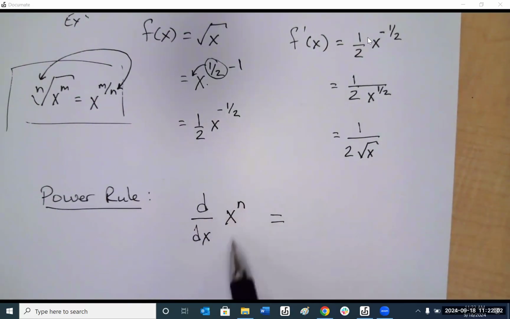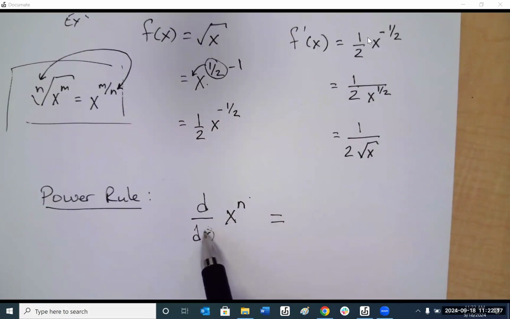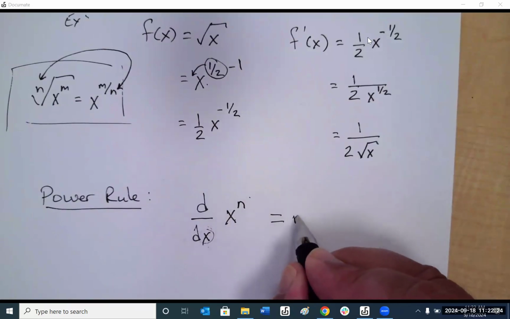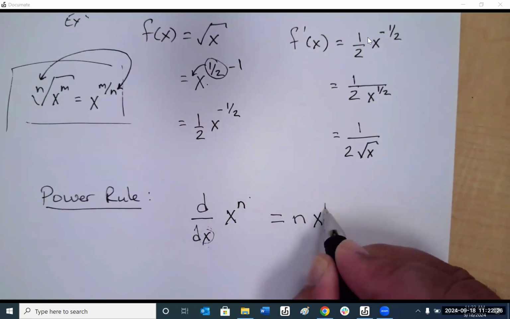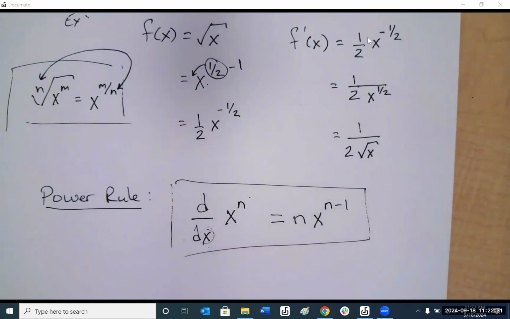Well, how'd you read this? d/dx means the derivative of x to the power n with respect to x. What this becomes, the derivative of this function: bring the power down and subtract 1 from the exponent. There's your first rule. There's your first shortcut rule. Do we have an example?